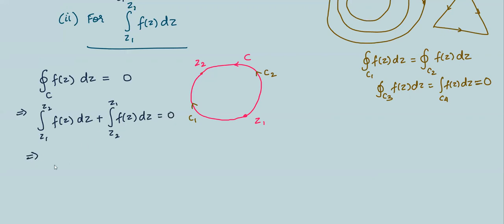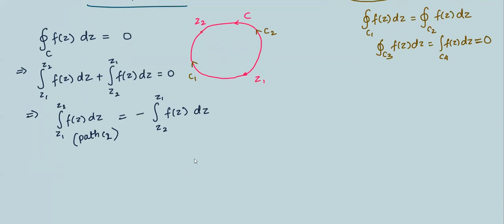So I take this to the other side: the integral from Z1 to Z2 of f of z dz using path C1 is equal to minus the integral from Z2 to Z1 along path C2.